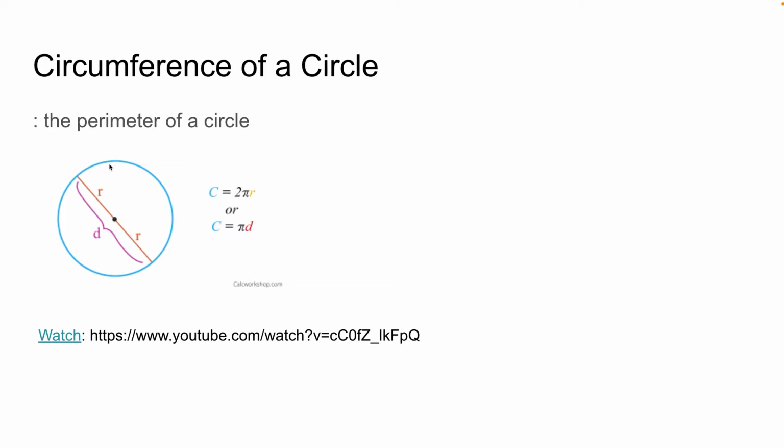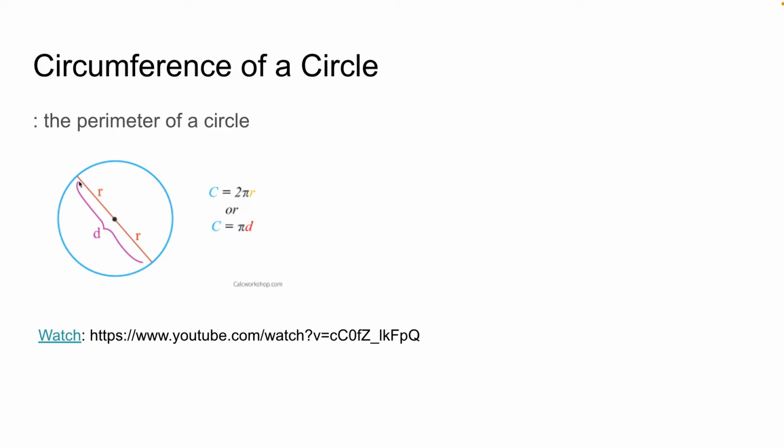We also talked about the chord. Chords are when you're connecting 2 points on the circle, right? You connect 2 points. Among those line segments, if it passes through the center, that's the longest chord. We call that diameter.